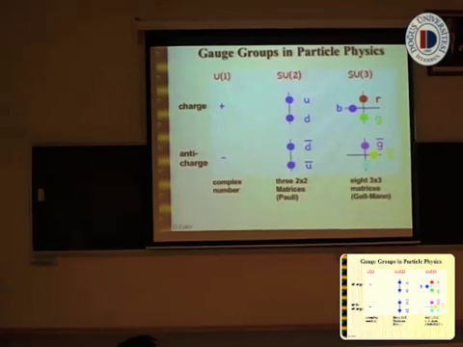Here you see B, R, and G. These are the colors of the quarks, 3 colors, and then anti-colors.